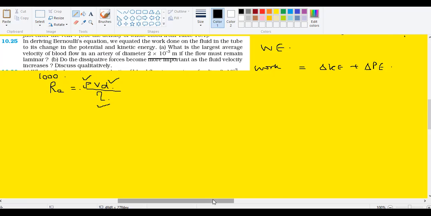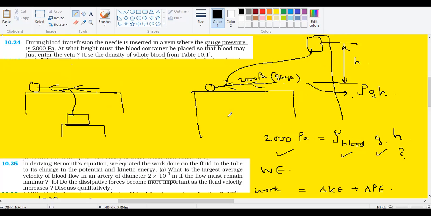Let me take a look at the tables in your textbook. And let's see. If you go to page number 264, you have the density and viscosity of some fluids, so blood information is there. Then the density, where do I find the density of the blood? Did they give it somewhere? Table 10.1.